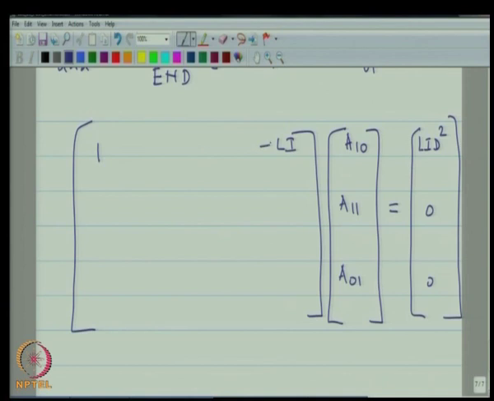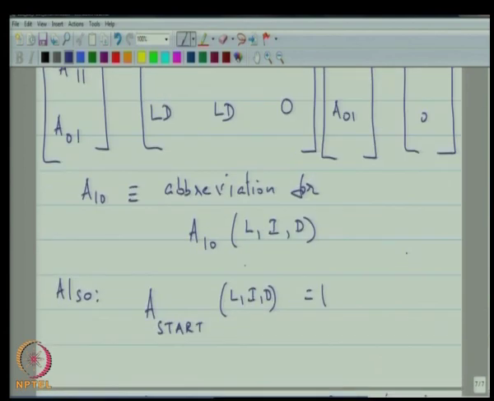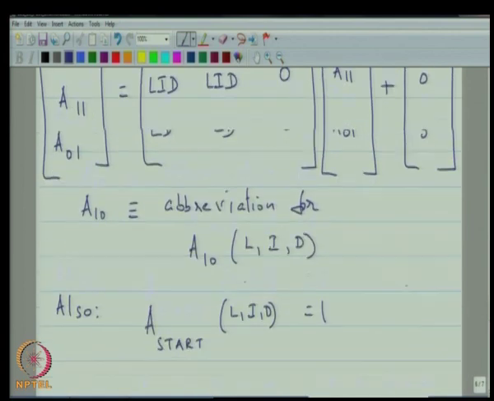So, I will have a 0 minus LID, 1 minus LID, 0 minus LD and 1. Okay.